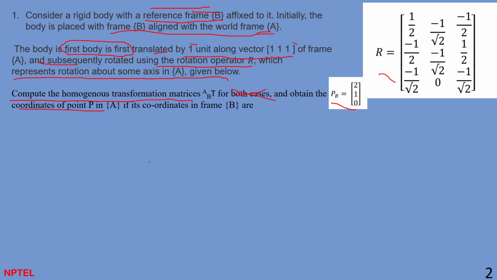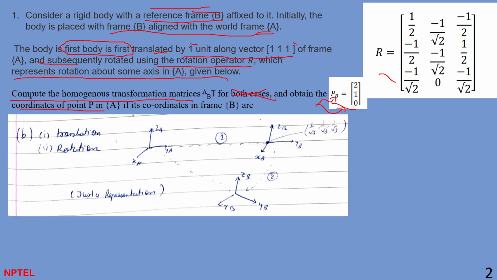You need to tell me what will be the coordinate transformation matrix, and this coordinate is in B, so how will it be located when we see it from frame A. So what will be the location, right?